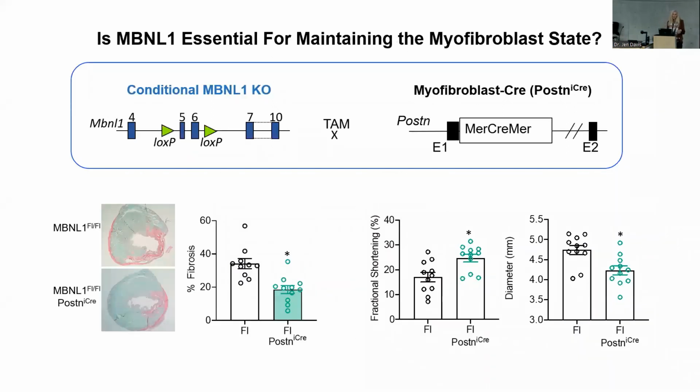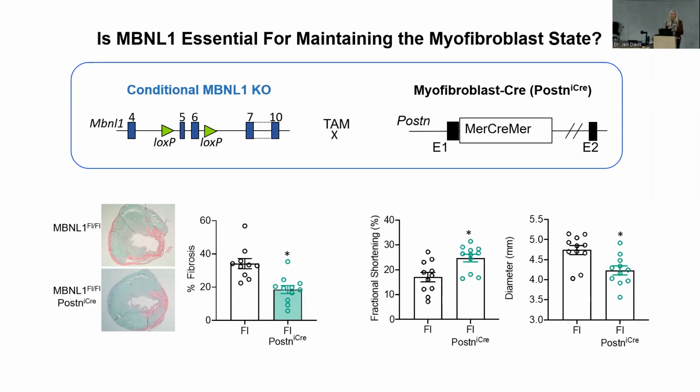So this is a follow-up experiment that we wanted to do basically to ask the question whether or not you could reverse the myofibroblast phenotype, or you could let these mice have a myocardial infarction and then change their phenotype following, because of course we won't be able to predict when someone has a heart attack. So the way we approached this question was, again, to use our conditional muscleblind knockout, only we crossed these mice with our periostin-Cre.